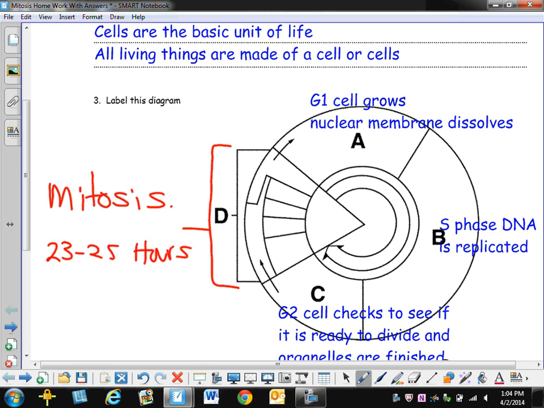So the cells you have today, at this time tomorrow, you won't have. They will die, you will slough them off like your skin cells, and they'll be replaced by new cells. 90% of the time that a cell is in the cell cycle, it's in interphase. So 90% is in interphase.